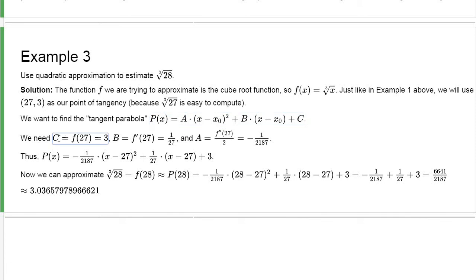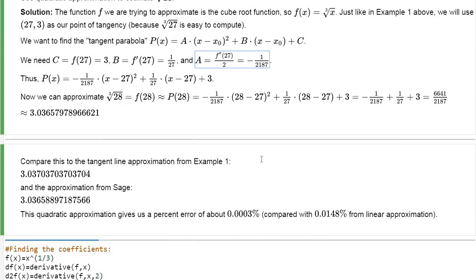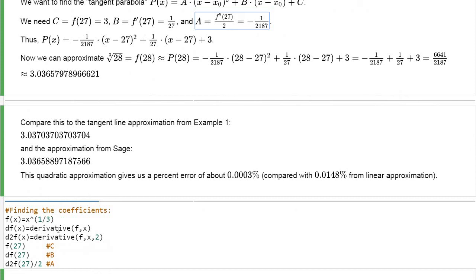That's my point of tangency, so c is 3. b is f prime at my point of tangency, which is 1/27. I did that before when I did the tangent line. And a is f double prime of 27 divided by 2. And here's the answer. If you want to do it down here, I have the calculation somewhere. Here's the second derivative, and I plugged in 27, I divided by 2. So that's the calculation of a down there.